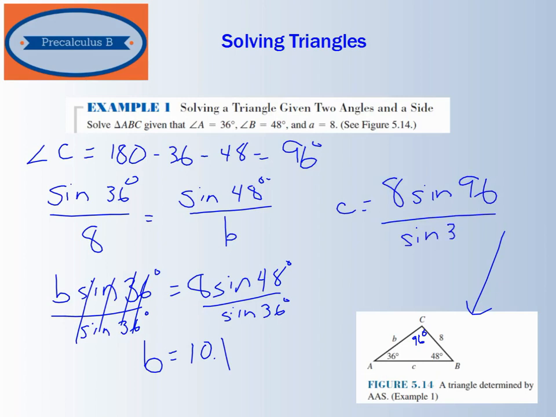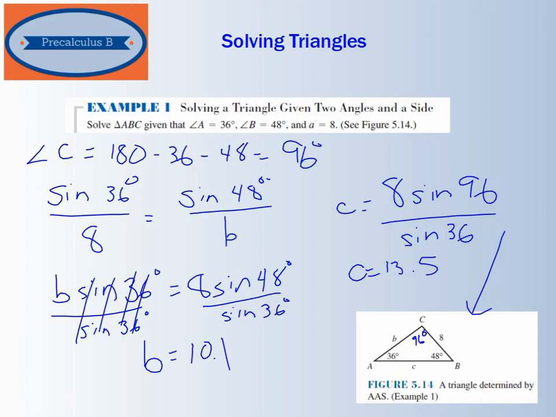It just works out the exact same way as the previous problem. You would type that into your calculator, 8 sine 96, and then divide by sine 36. It's the exact same process as what we did before, and we get that to be about 13.5. So c would be about 13.5.